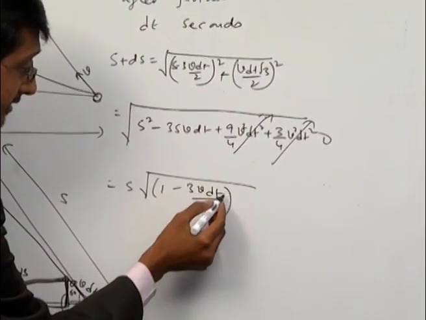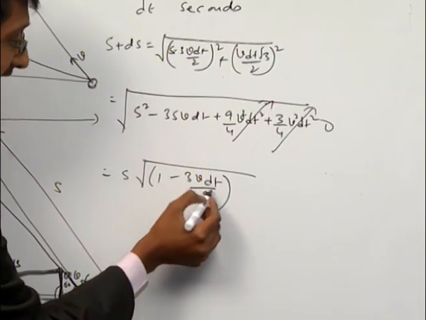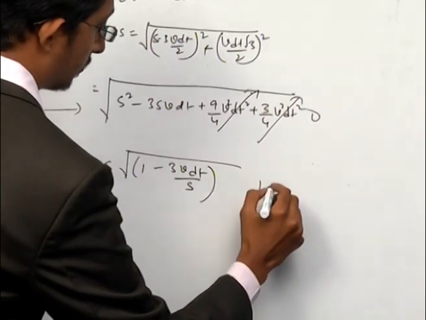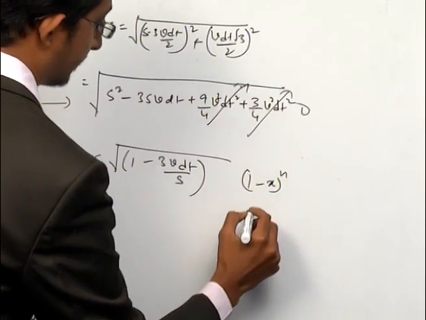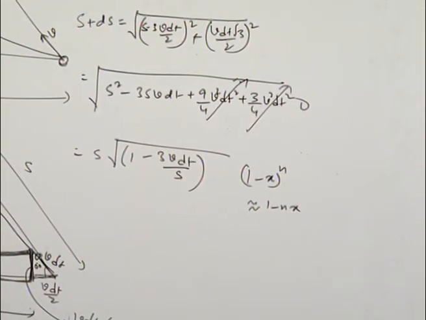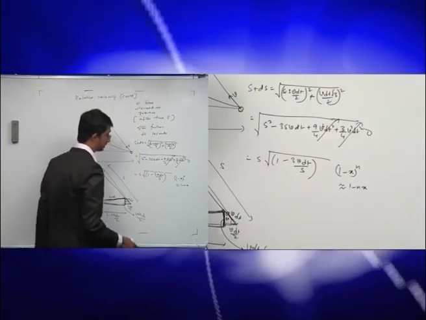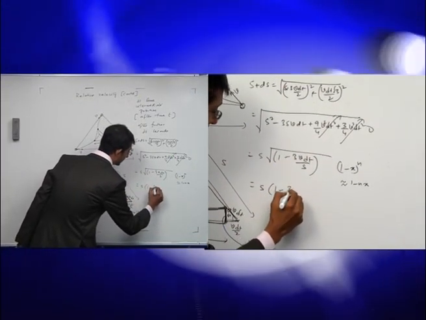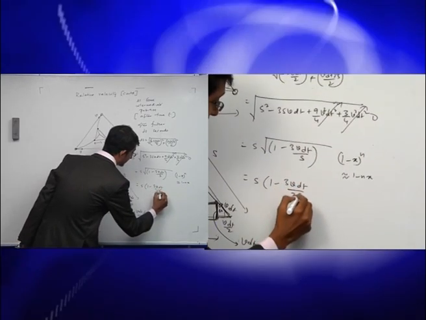Now here, this is a very small term because of dt. So I can use binomial approximation. In fact, 1 minus x whole power n is approximately 1 minus nx, using your binomial theorem, when x is very small compared to 1. Because this is very small compared to 1, I can write it as s into 1 minus 3v dt by 2s. Can you see that?